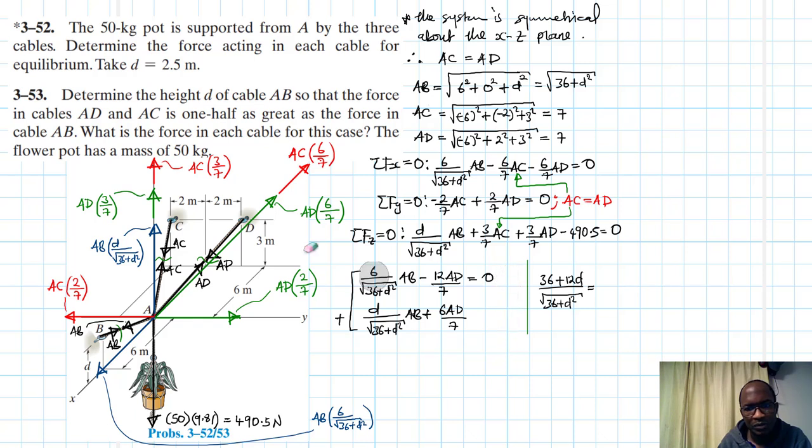Let me write this properly. Of course, here there is a 490.5, right? Alright, so we had a 6 here, we had a 12 here. So this is going to be equal to 490.5 times 12, which is 5886. So we have this equation.